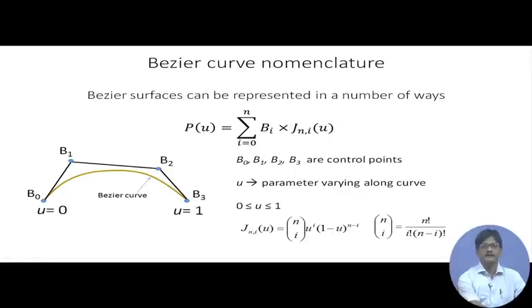So, in this way i is the particular term under consideration starting from 0 ending up in n, where n is 1 less than the total number of control points, and Bernstein polynomial is calculated this way and multiplied with the control point coordinates.